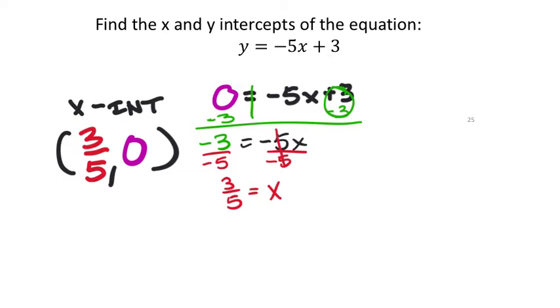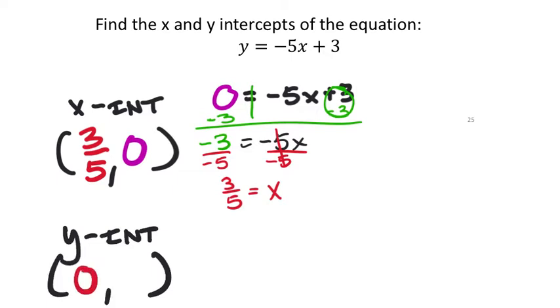But then finally, the last thing we need is the y-intercept, and the unique thing about that, in terms of ordered pairs, is that the x value is now 0. So we take the same equation, y equals -5x plus 3, and we replace the x with 0.